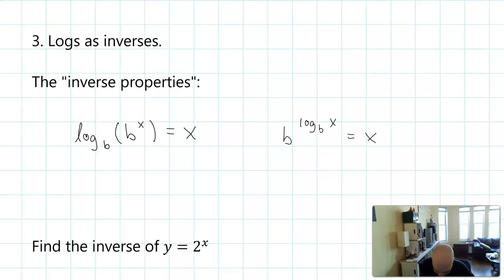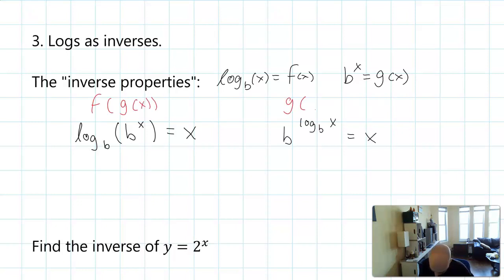But if you think about the log function, log base b of x, as f of x, and b to the x as g of x, then what we've really done here is a composition of 2 functions. Here we've done f of g of x, and here we've done g of f of x.